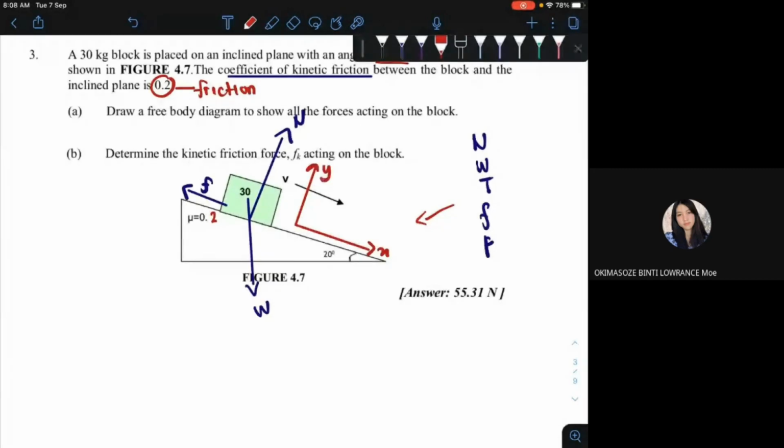So you're going to transfer all this into Cartesian plane. X, y, and this is your object. So kita ada inclined plane, sorry. So this is your x.